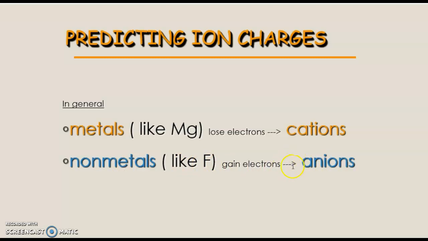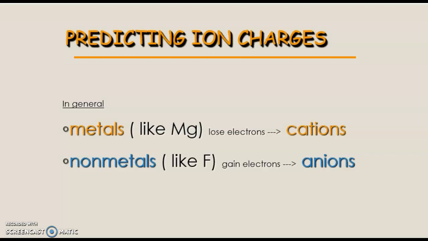So how many negatives they took. So fluorine is in group 7, and so it needs 1. So if it takes 1, then it becomes a -1 anion. So again, metals all become cations, they lose electrons, while nonmetals all gain electrons, become an anion.